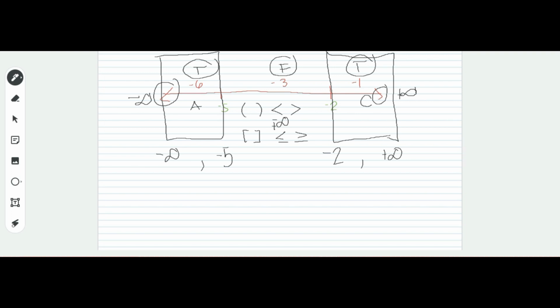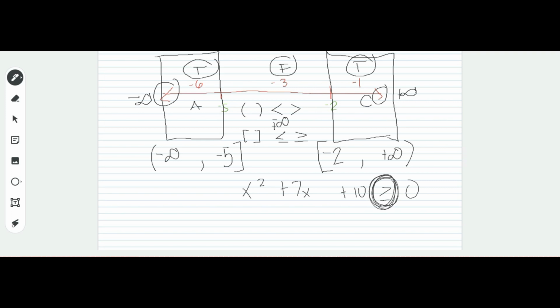So, ibig sabihin, since this is a negative infinity, so you use parentheses with that. And now, this negative 5 and negative 2, remember, kanina ang ating equation is x squared plus 7x plus 10 is greater than or equal to 0. So, we use greater than or equal to 0. So, ibig sabihin, this will be using your bracket.